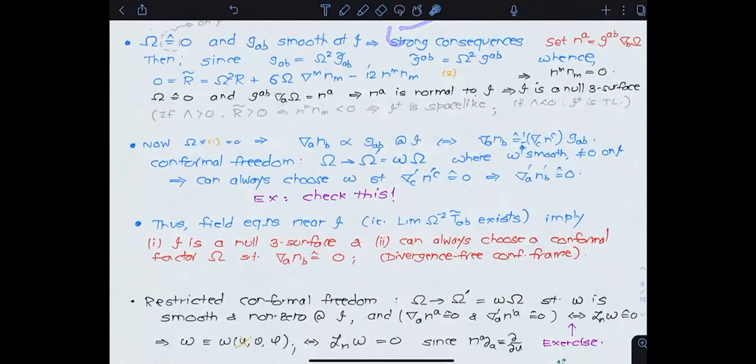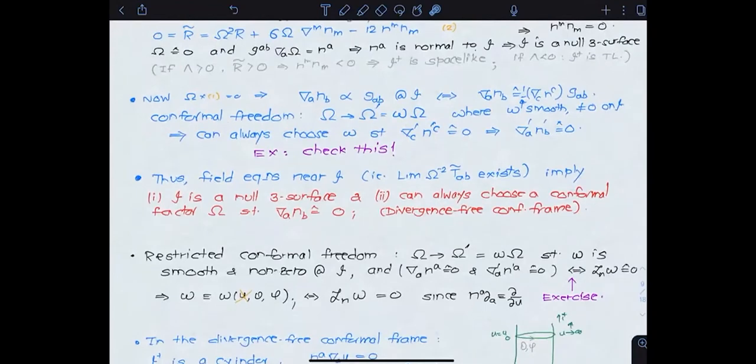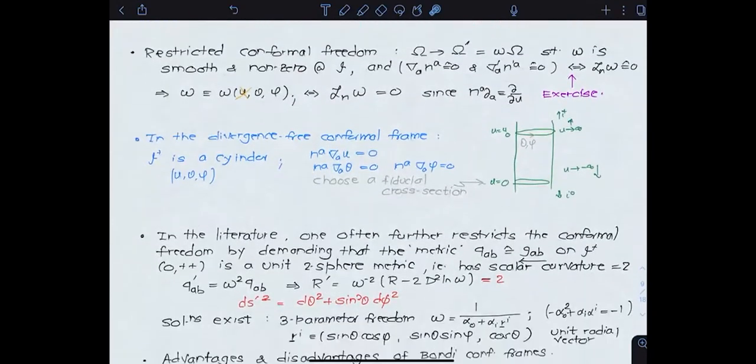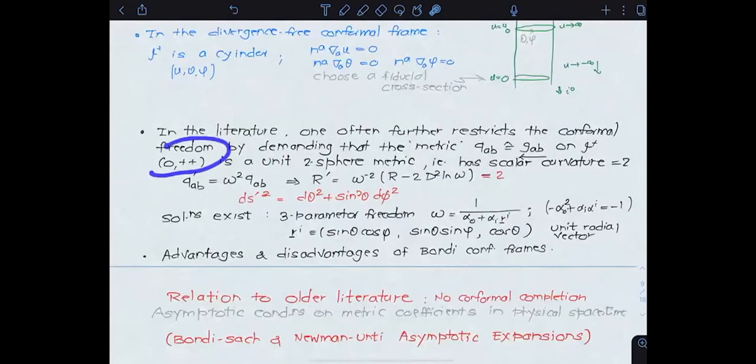And because sky is null, this q_ab is going to be a degenerate metric because it has a null normal, so therefore it has signature 0 plus plus. And this object up here, the q_ab, therefore you can think of it as a metric on the two sphere, like this two sphere up here.